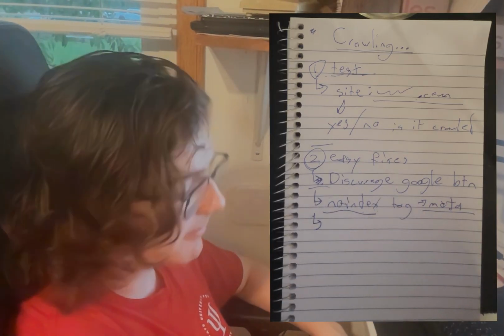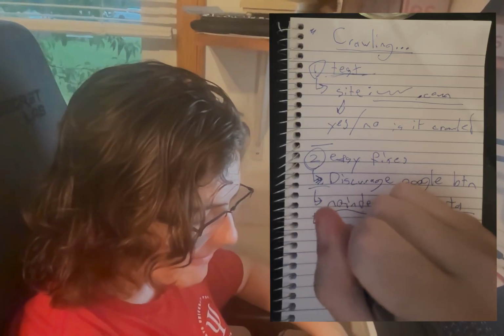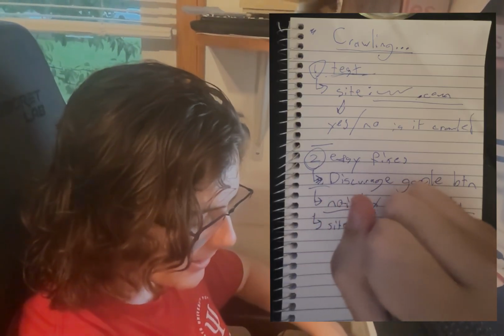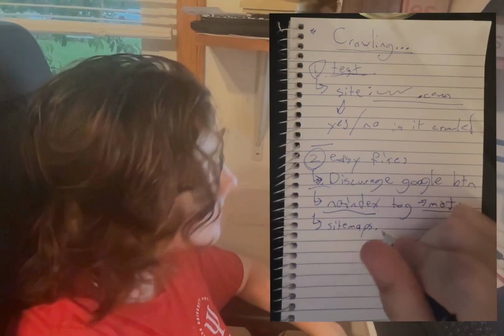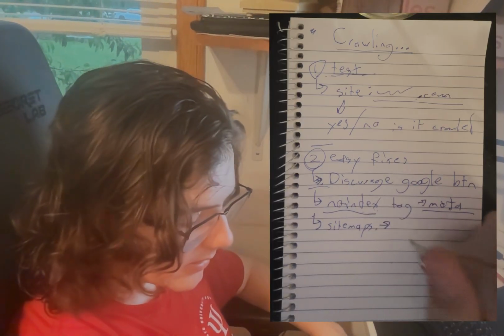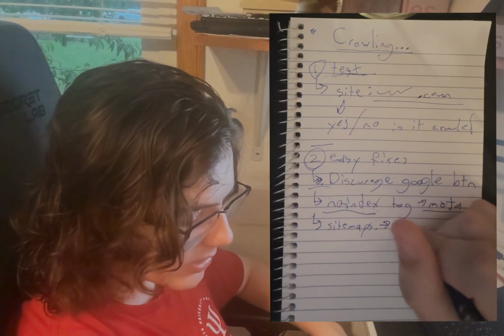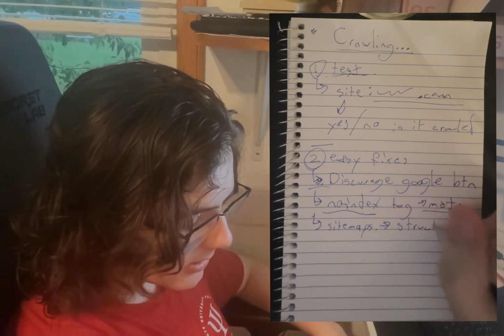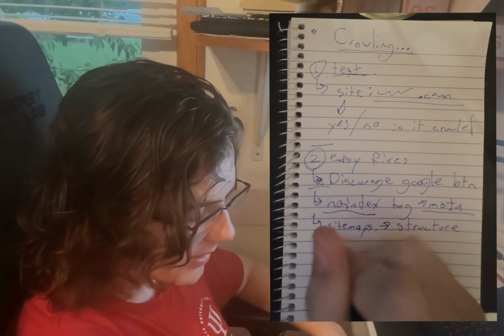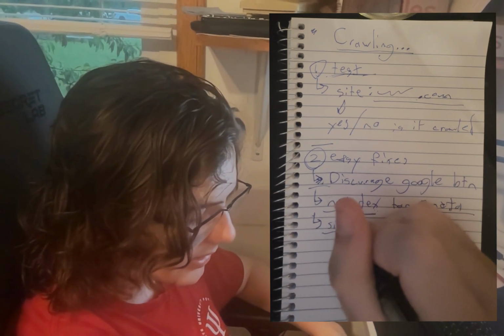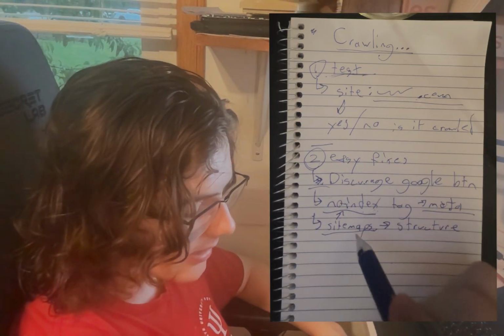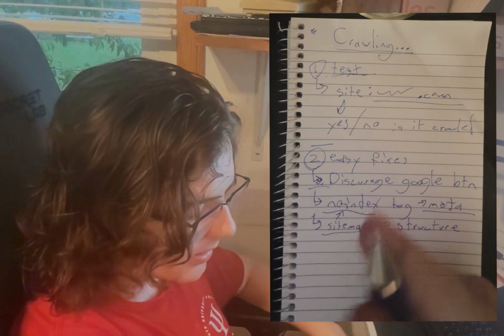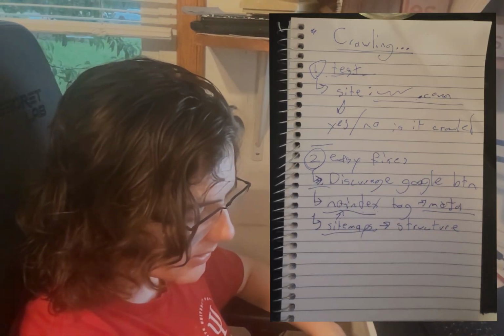So not only that, but there's these things called sitemaps. They show you a structure to your site, and if you don't have one of these, or if you have noindex on the sitemap, or it's no crawl, something like that, not allowing a robot, that can really cause a lot of problems.